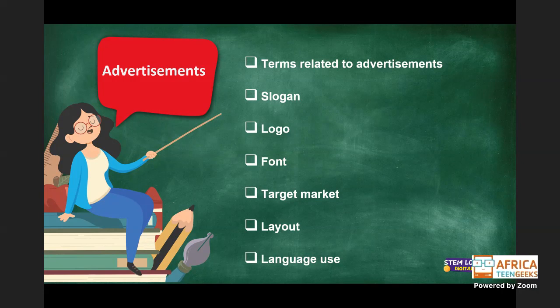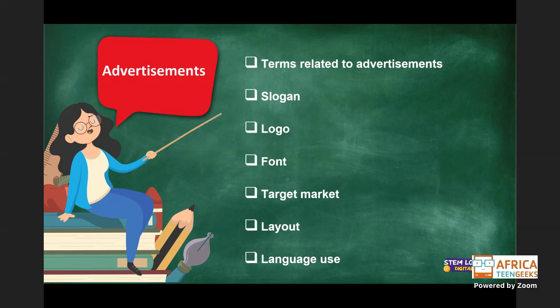Why do they use these words, in other words? And what does the picture or the photograph show? Okay. And why has this picture been chosen, for example? And if I had the money, would I buy this product? Why or why not? So those are the things you need to think about when you look at advertisements.